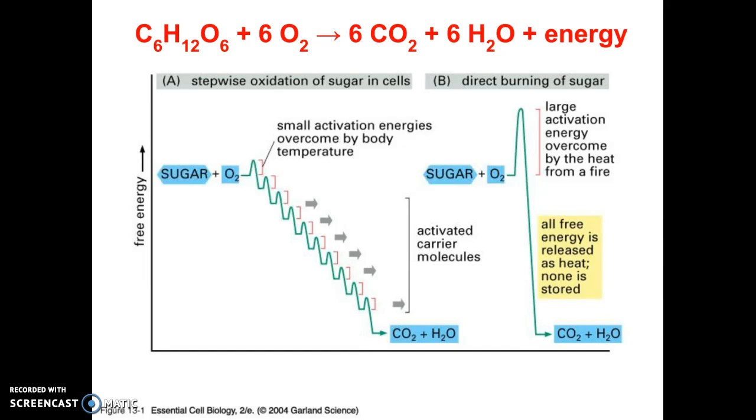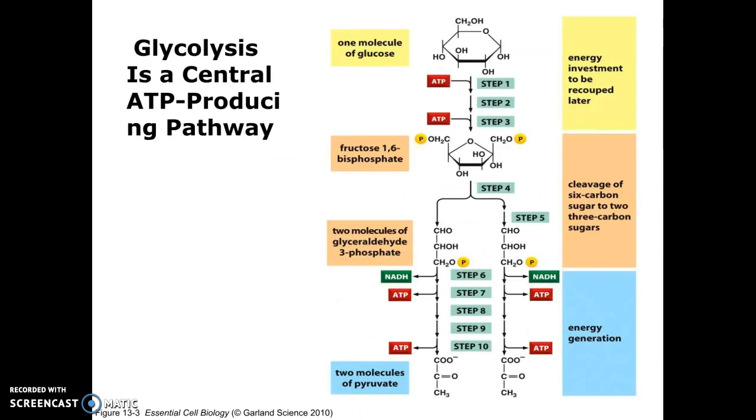And so if we were just to burn sugar to make CO2 and water in one step, we would lose most of the energy as heat. Whereas if we do it in many small steps, we can get a lot more of the energy out of the process. So stepwise oxidation of sugar in the cells allows us to have a much more efficient process.